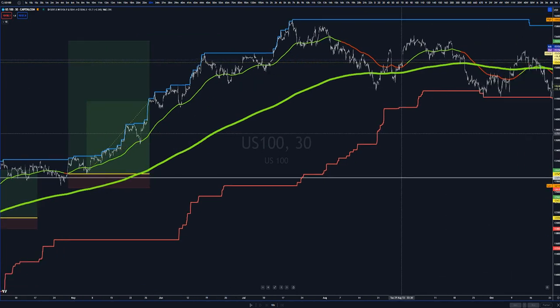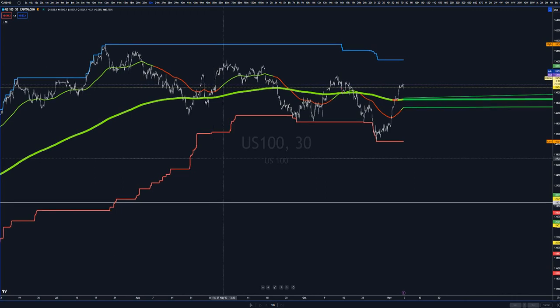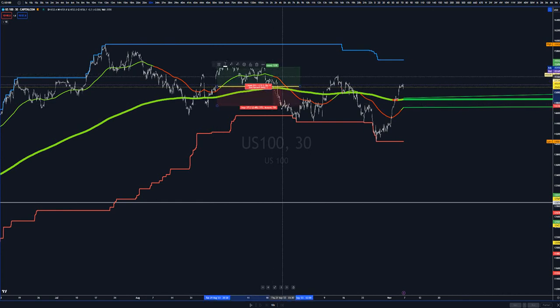Then the next trade was here, $2.29, and you see we didn't take this red period.